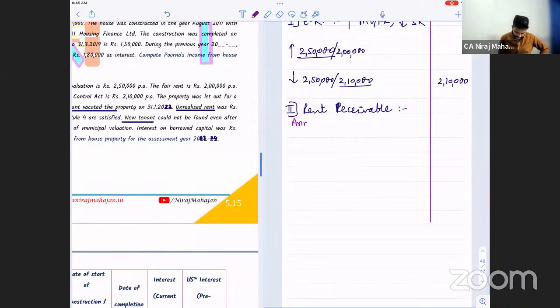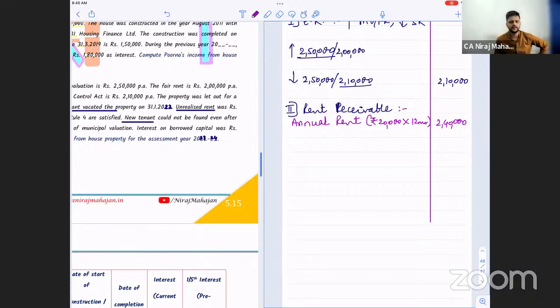Pay attention. The rent was 20,000 rupees per month, right? Two lakh 40. Yes, still here, all of you?